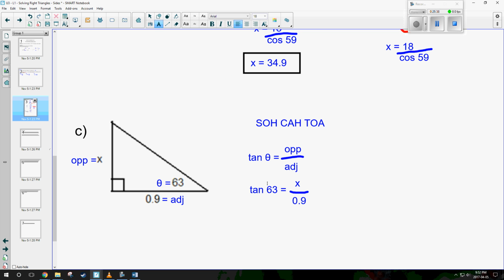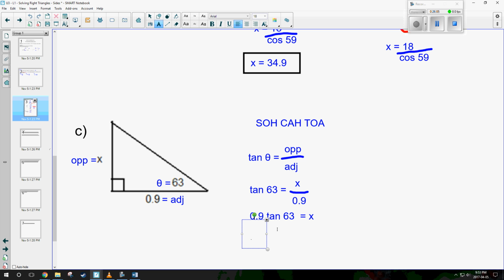And again, we need to rearrange this so that x is all by itself. Because 0.9 is on the bottom, we just take it and multiply it to the other side. So we get 0.9 multiplied by tan 63, and we can just write that as 0.9 tan 63. And that equals our x here, because that 0.9 got moved over, so x is all by itself.